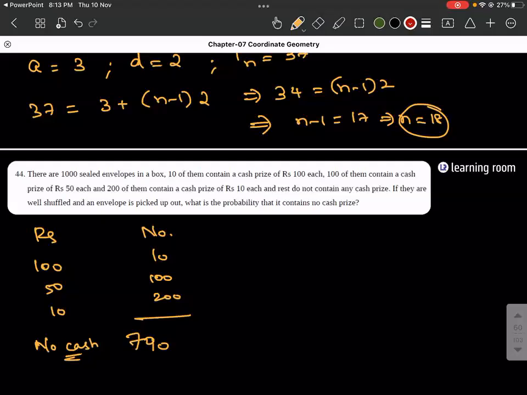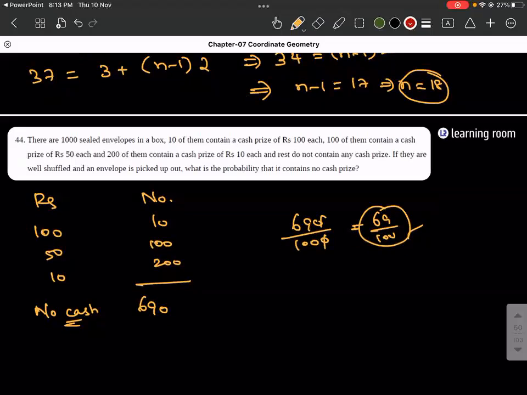So what is the answer? 690 out of 1,000. So it is actually 69 by 100. So 690 divided by 1000, cancel it. 69 divided by 100 would be the answer.